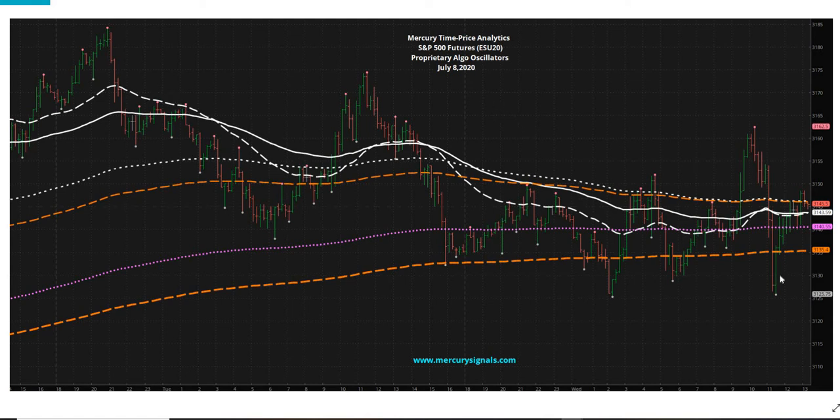This screenshot was taken today a little after 1 o'clock Eastern Time. The oscillators are based on various algorithmic time cycles. The institutional algorithms are very highly time cycle based.